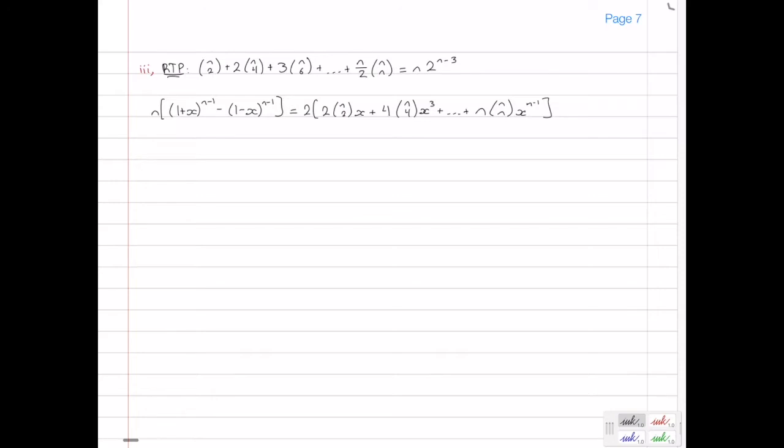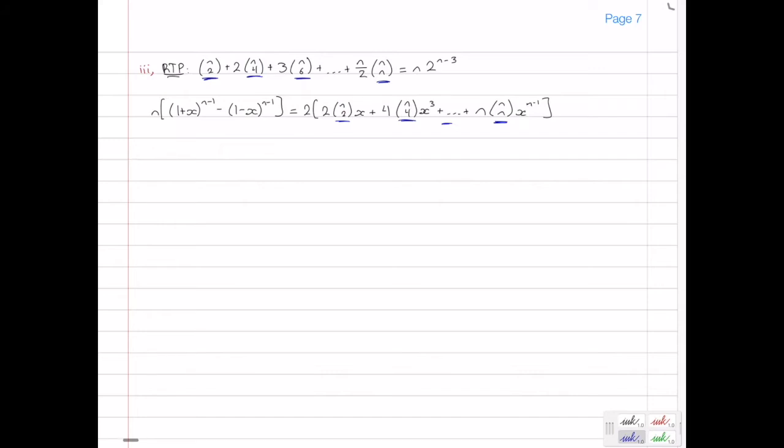So when I look at what I want to prove, let's have a look at the left-hand side. I can see that there are some similarities between this and what we had previously. I can see that I have this n choose 2 here and an n choose 2 here. I have the n choose 4, n choose 4, n choose 6, there would be an n choose 6 sitting here. And then I have the n choose n and the n choose n. And if I look very carefully, I can also see that the coefficient of the n choose whatever in the left-hand side of what I want to prove is exactly half of the coefficient of the same thing inside the brackets on the right-hand side of the last part's result.